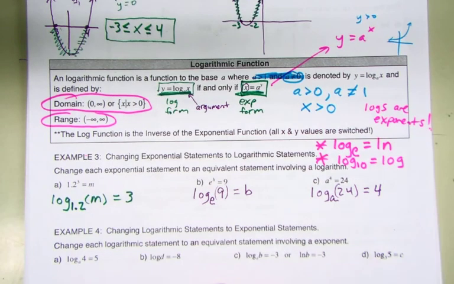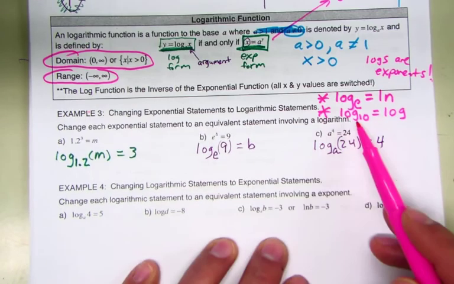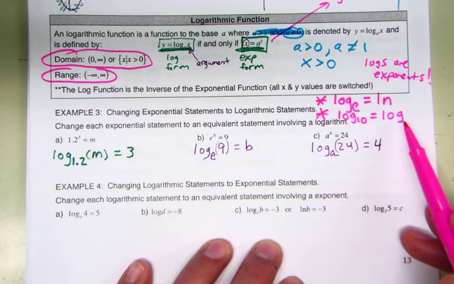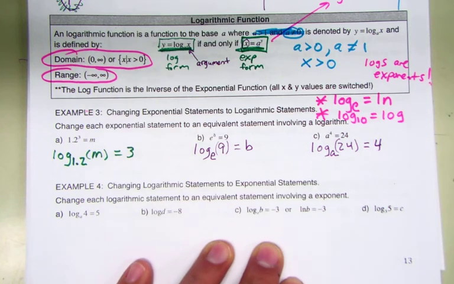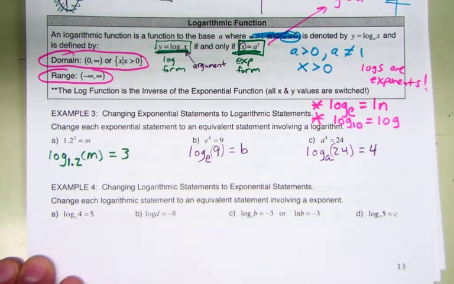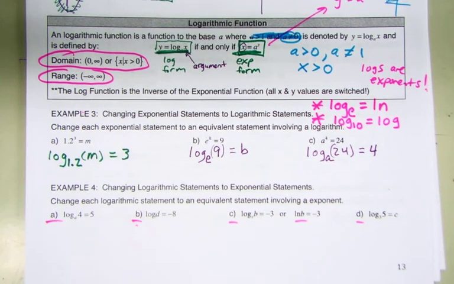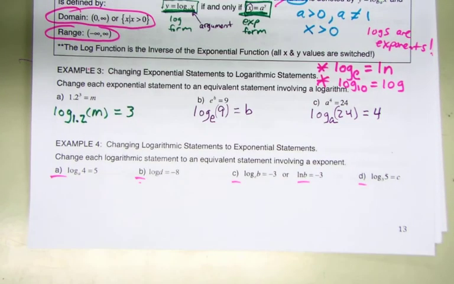Log base 10 is a really common log, and for that reason, a lot of times you just won't see that 10 written, but you need to know that it's base 10. Make sense? Try these 4 real quick. Now we're going the other direction, switching it from log format to exponential format.